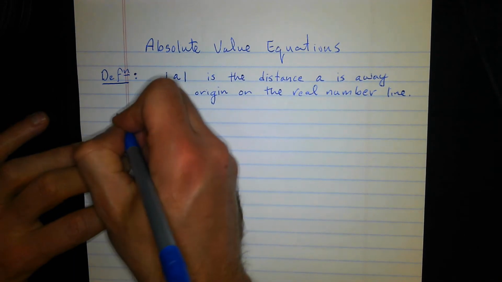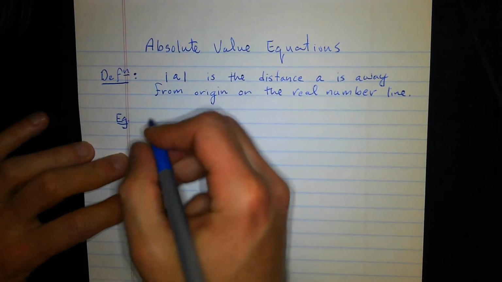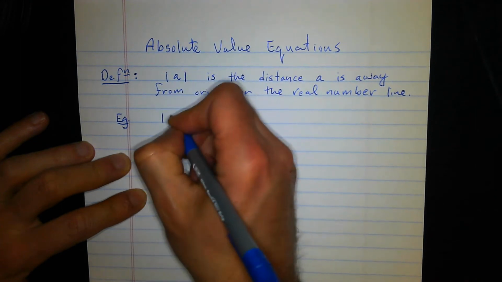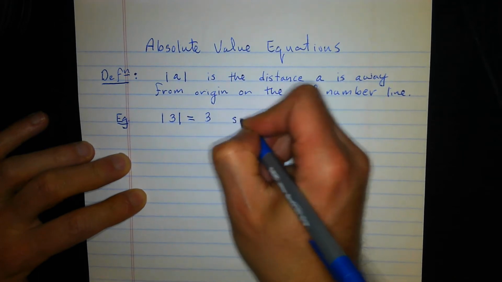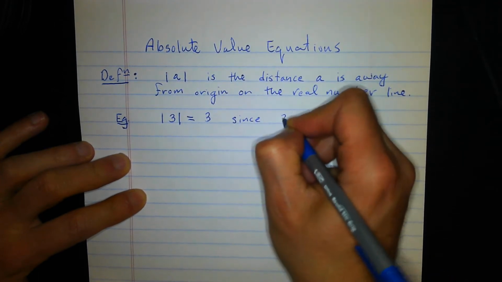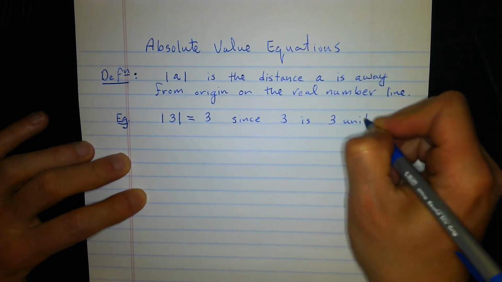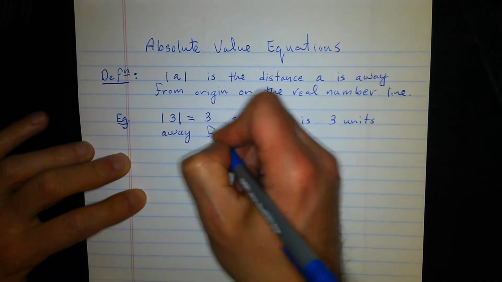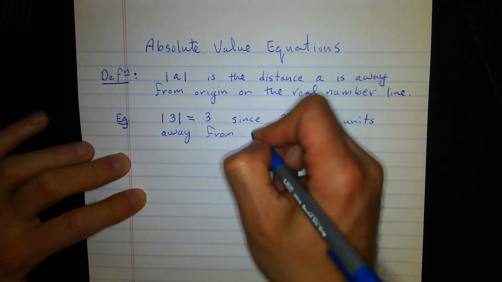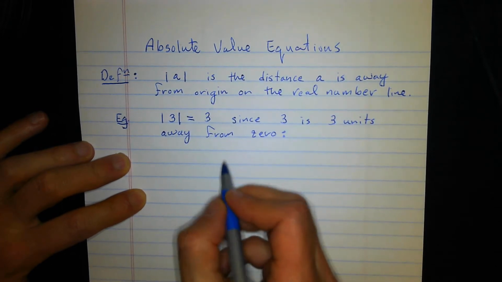Okay, so for example, the absolute value of 3 equals 3, since 3 is 3 units away from 0. So if we do a diagram on the real number line, it just looks like this.